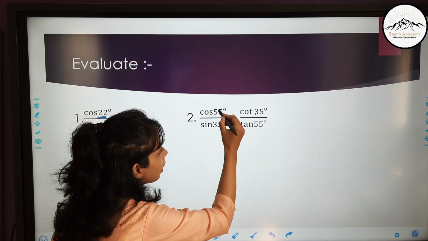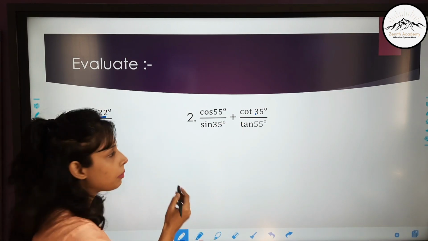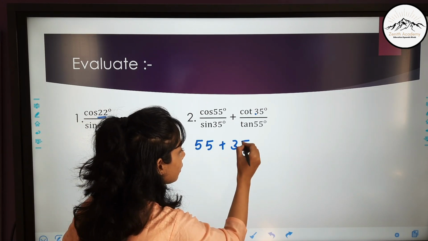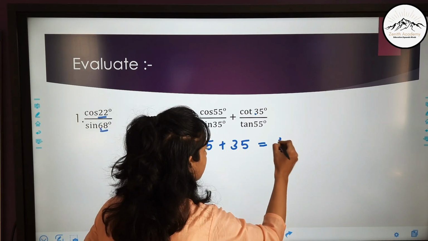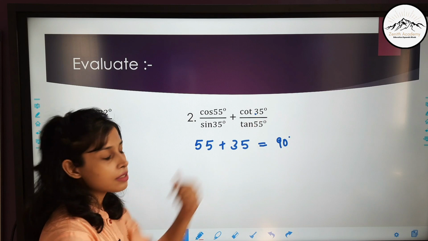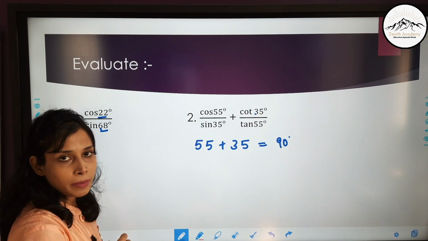Now see, these two angles 55 degrees and 35 degrees are complementary angles because their sum is 90 degrees. 35 and 55, here also they sum to 90 degrees. Cos and sin, and tan and cot are related through complementary angles.